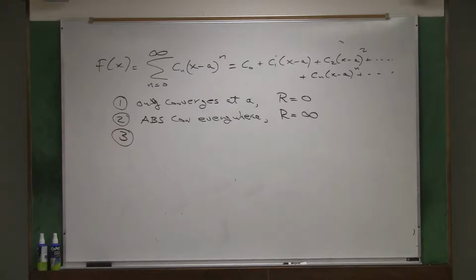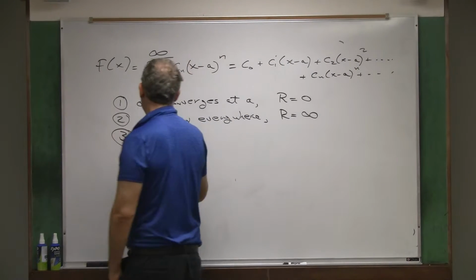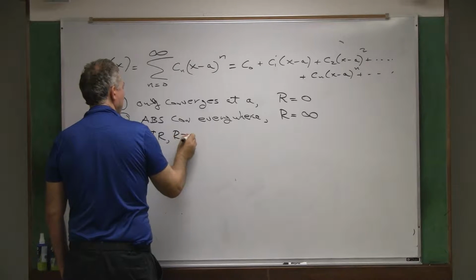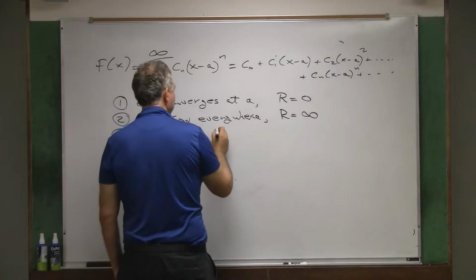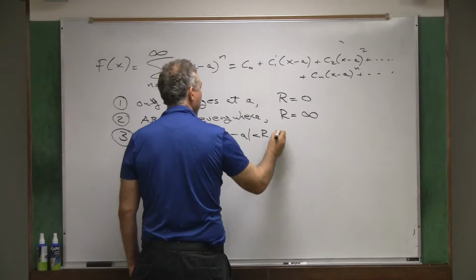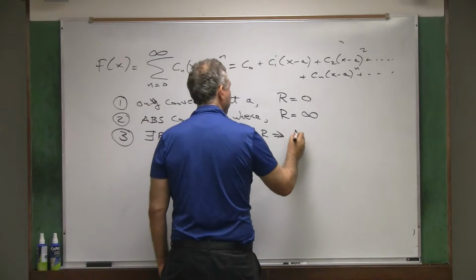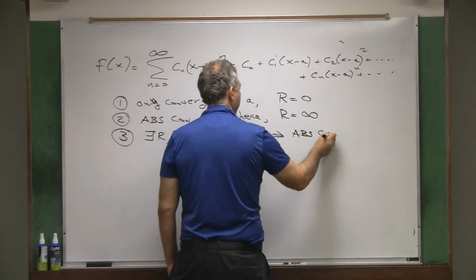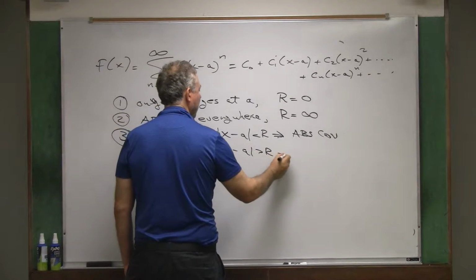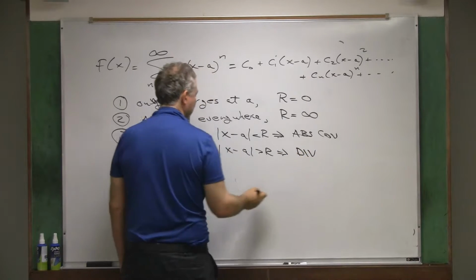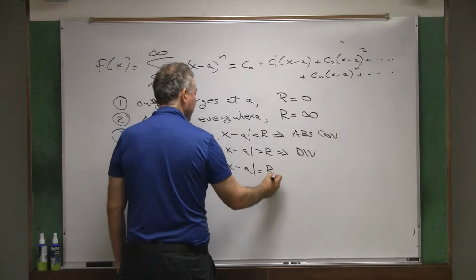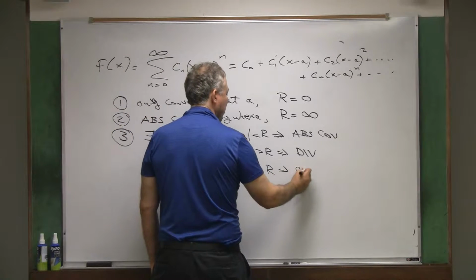There exists a positive R, and if the absolute value of x minus a is less than R, you are going to get absolute convergence. And if the absolute value of x minus a is greater than R, you're going to get divergence. And when the absolute value of x minus a is equal to R, you check your endpoints.